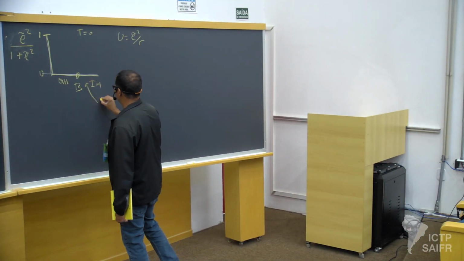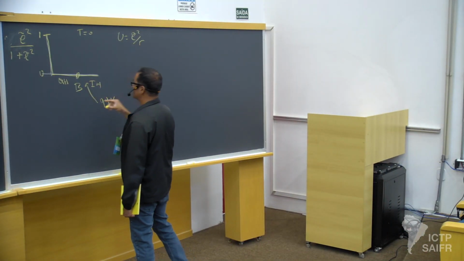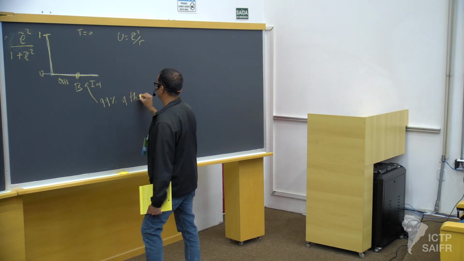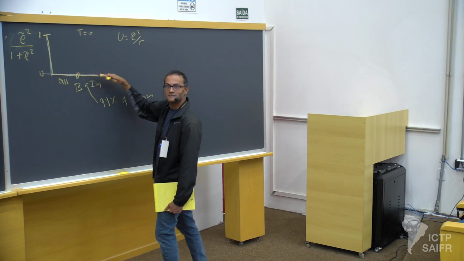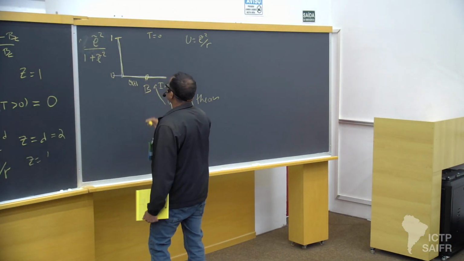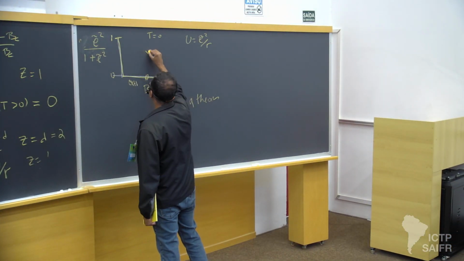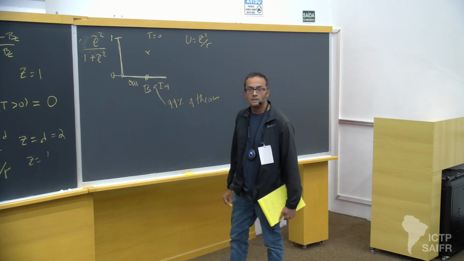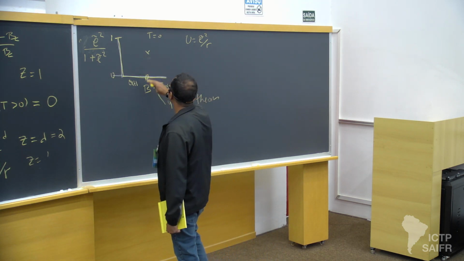So 99% of theory lies here on this axis, non-interacting electrons. The real phenomena is somewhere over here that we wish to understand.